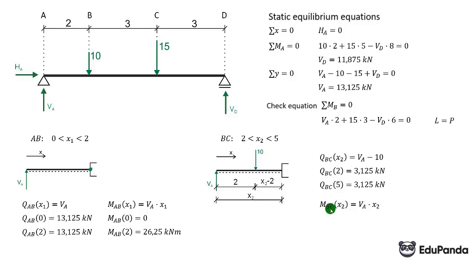So the moment in the interval BC is VA clockwise times x2, thus the entire interval, minus 10 times x2 minus 2.